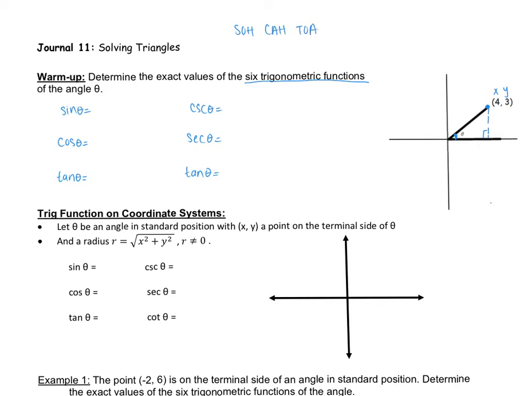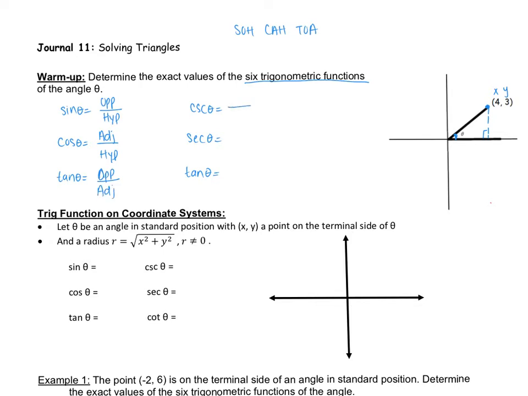So SOHCAHTOA, if we remember, is representing sine: opposite over hypotenuse. Cosine is adjacent over hypotenuse. Tangent is opposite over adjacent. Oops, I think I wrote that backwards. My bad. Opposite over adjacent.